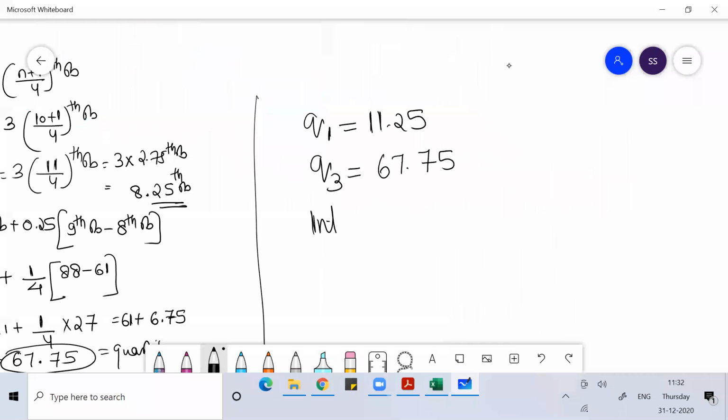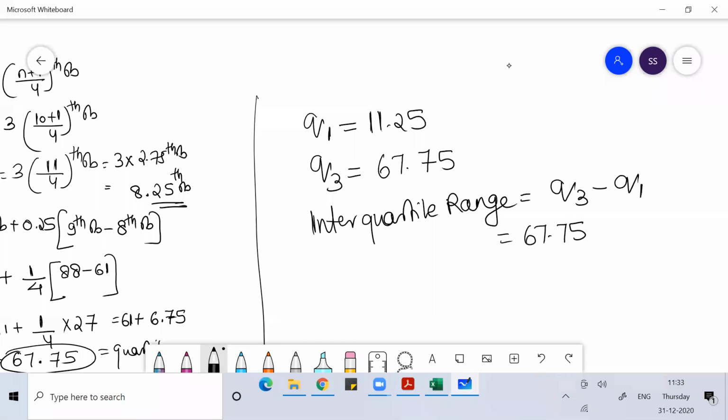Now I can find the interquartile range, that is Q3 minus Q1, which is 67.75 minus 11.25, that is 56.5. That is the interquartile range.